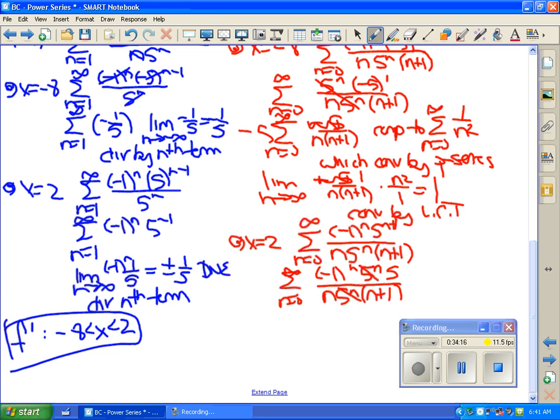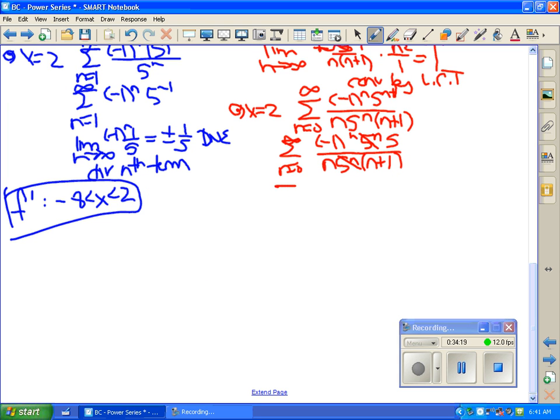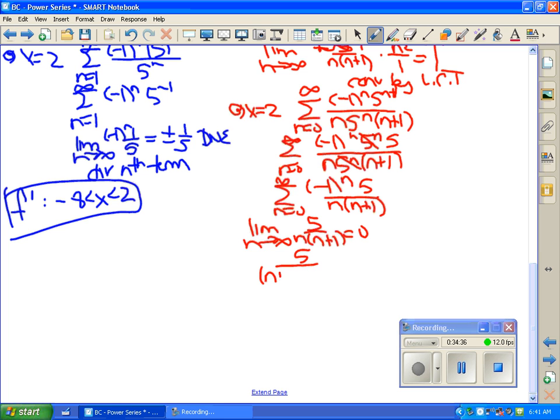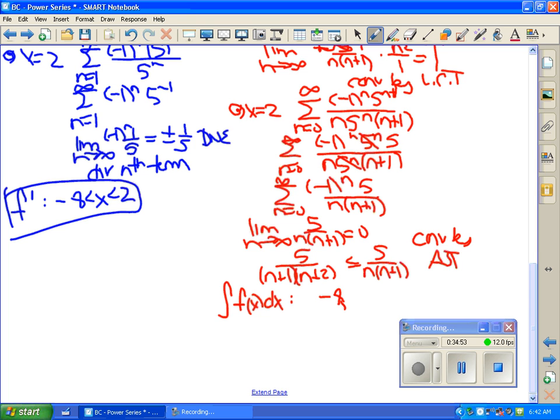And I'll cancel out the 5 to the n's. And this one, we get n equals 0 to infinity, negative 1 to the n, 5 over n, n plus 1. So this is going to be an AST. We'll take the limit as n approaches infinity of 5 over n, n plus 1, that equals 0. Check that it's decreasing. Numerator is constant, so yes, it is decreasing. And so this converges by AST. So in integrating, I managed to add both points, the integral of f of x dx. That interval of convergence is from -8 to 2, including both endpoints.